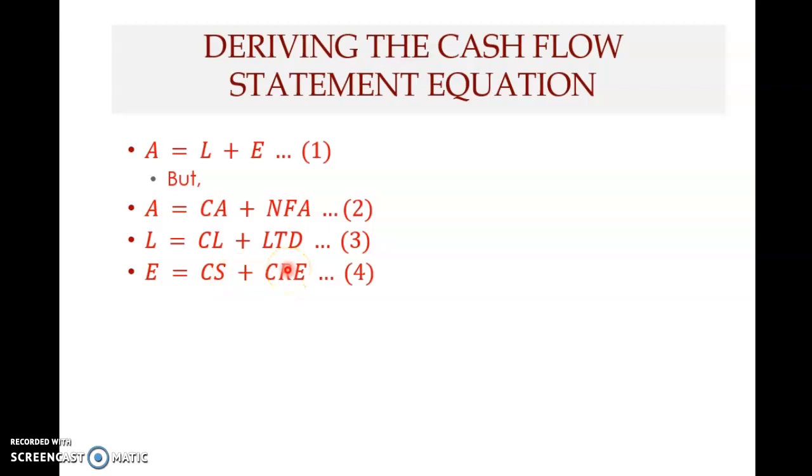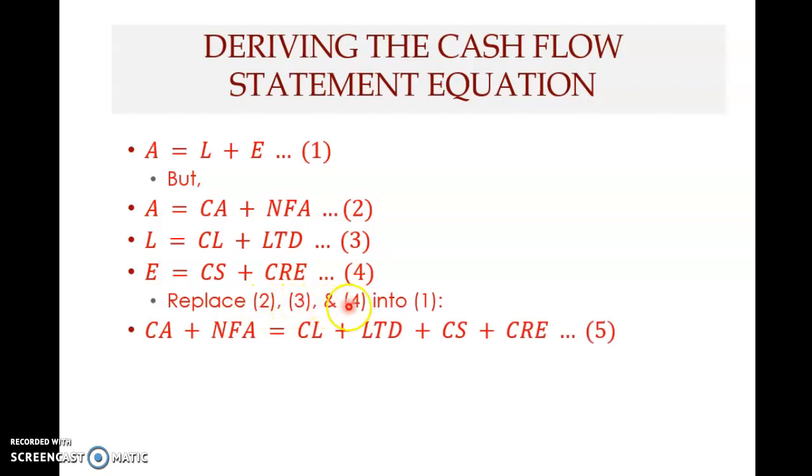Is that okay? Now we can expand equation 1 by considering equations 2, 3 and 4. So we replace 2, 3 and 4 into equation 1. Assets changes to CA plus NFA. Liabilities changes to current liabilities plus long-term debt.